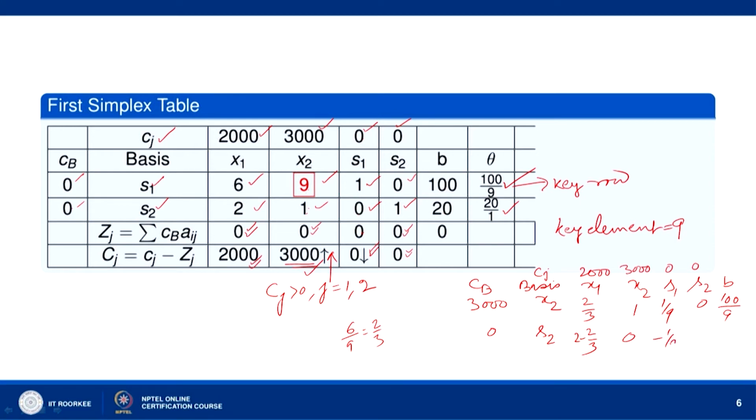So, minus 1 by 9, and here we get 1 minus 0. So, we get 1 here, and then 20 minus 100 by 9. So, how much is this? 4 by 3.